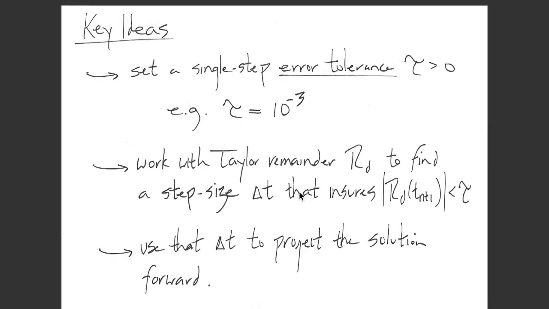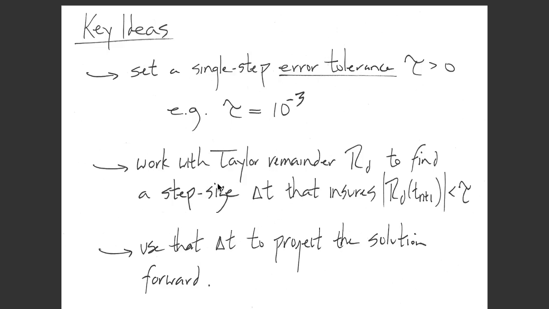The key ideas here are to set a single step error tolerance, which I'm calling tau. For instance, you could use tau equal 10 to the minus third. That would give you about three decimal places of accuracy. Although for more accurate work, you'd probably want something more like 10 to the minus 6th or even 10 to the minus 12th.